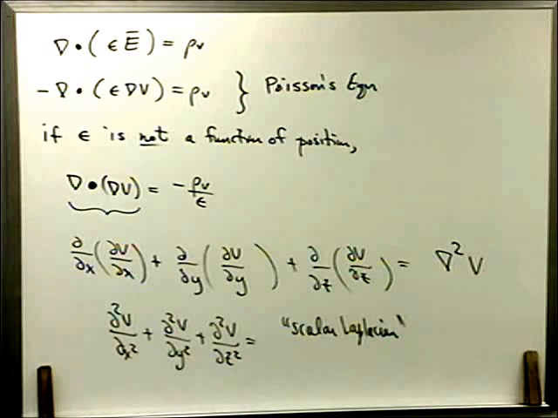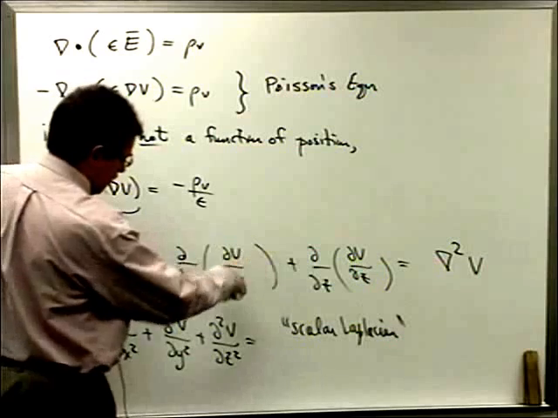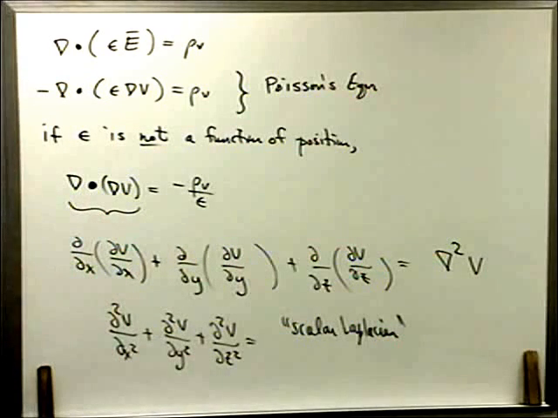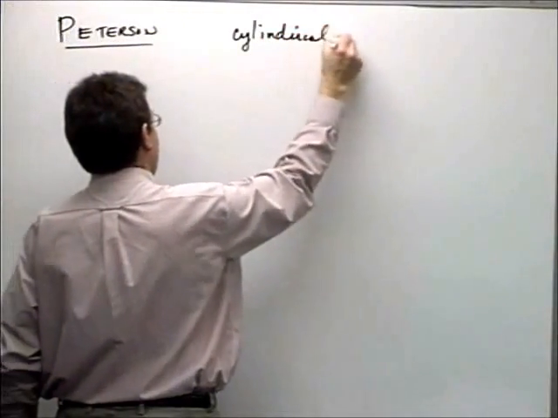Okay. Now this is the form of the scalar Laplacian in Cartesian coordinates. If you're doing a problem with line charges, for instance, you may find it more convenient to work in cylindrical coordinates. And in cylindrical coordinates, we can write down the Laplacian directly.